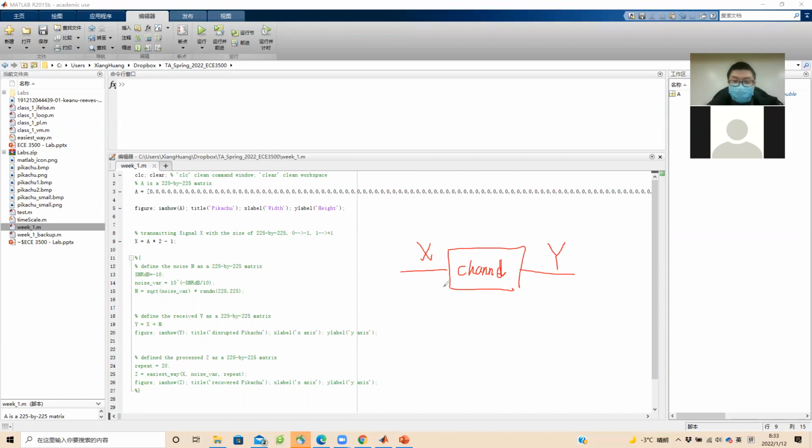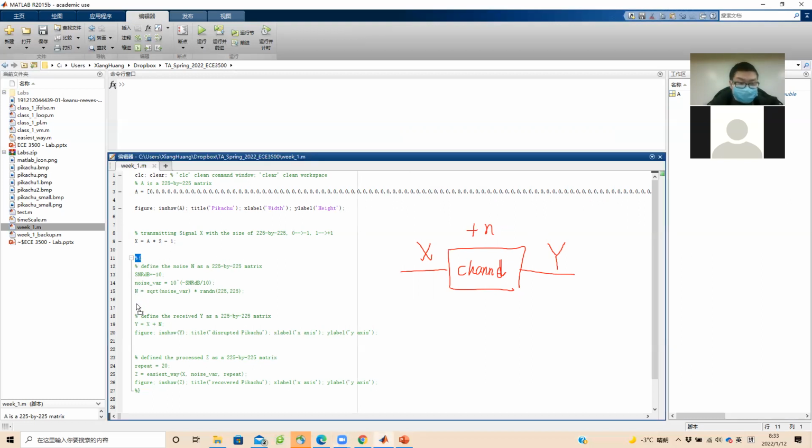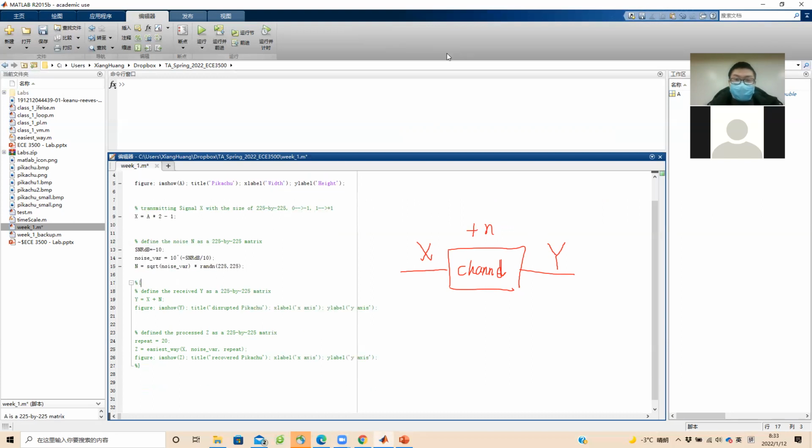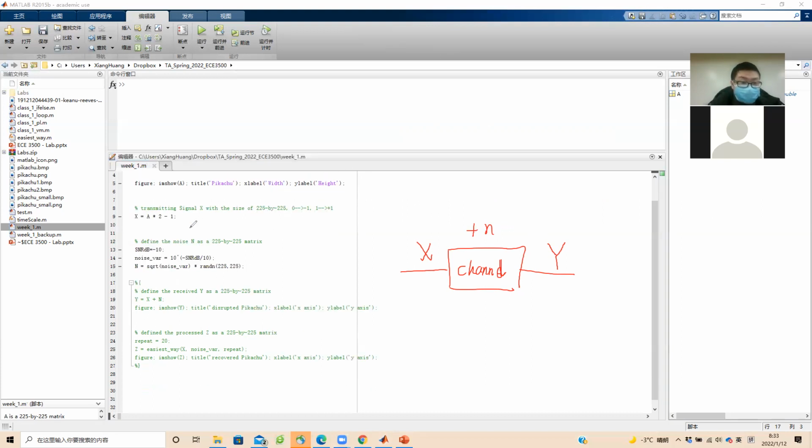The basic channel adds noise, because noise is everywhere. You cannot avoid the noise. So here I define the noise like this. To define the noise, we must define the noise power. Here I introduce the ratio of signal power to noise power.